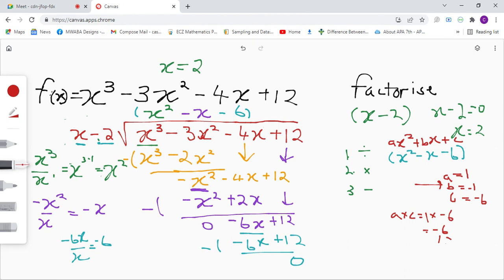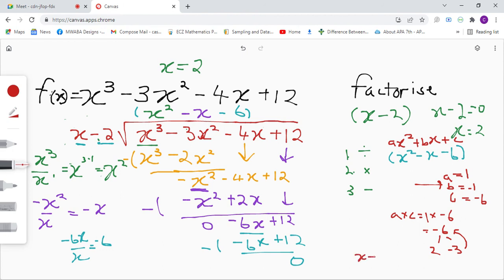Those two numbers, you look for factors of 6. So you can say 2 and 3. We'll say negative 3 and 2, because if you multiply 2 times negative 3, you get negative 6, and if you add 2 plus negative 3, you get negative 1. So these are the two values we'll use.